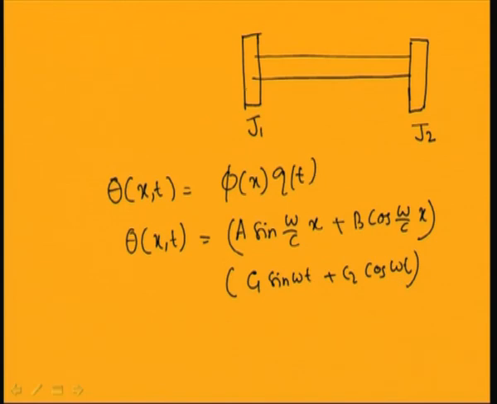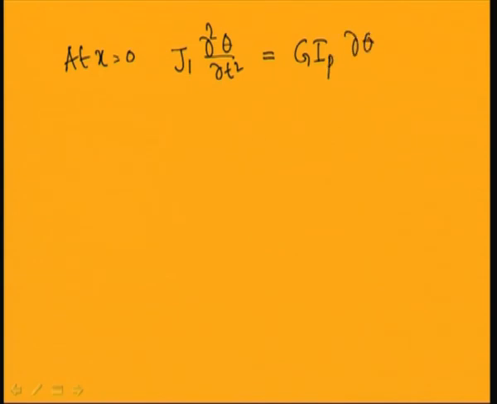In this case the boundary conditions will be, since at both ends you have inertia attached, like this. At x equal to 0, you have J1 del square theta by del t square, this is the inertia torque, which will be equal, for the left end, to G Ip, the polar moment of inertia of the shaft, into del theta by del x.